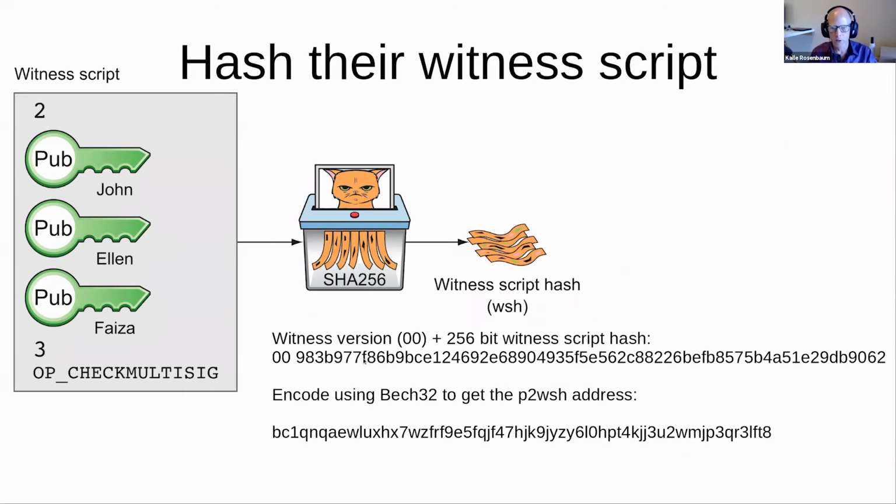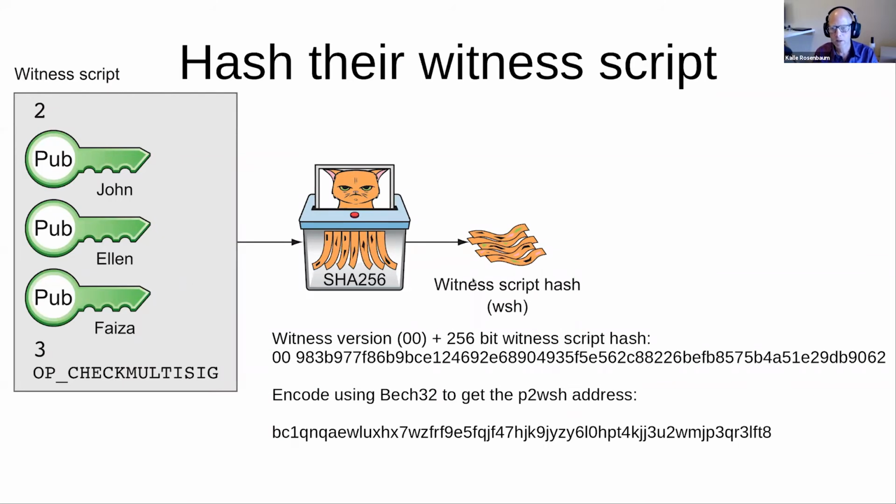And then they would encode this using Bech32 to get their pay-to-witness script hash address, which will look like this. This looks just like the pay-to-witness public key hash address, but this one is longer because it has a 32-byte witness program instead of a 20-byte witness program. So that's how you can distinguish them, by their length.